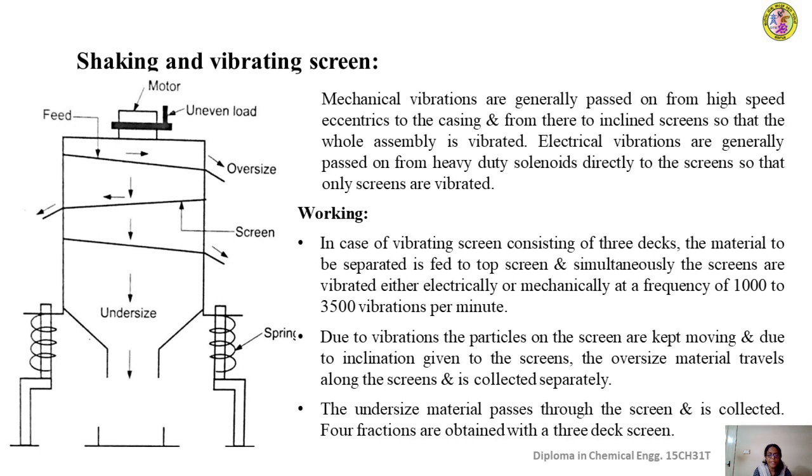Due to this vibrating action, the particles in the equipment keep moving in the forward direction. So, by the inclination, the oversized material travels along the screen surface and is collected separately as seen in the topmost screen of the figure.